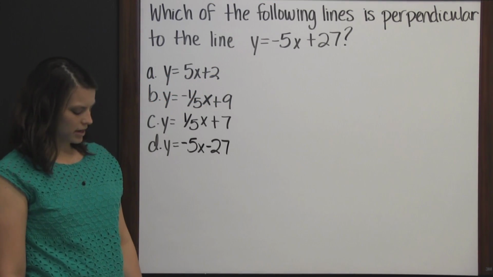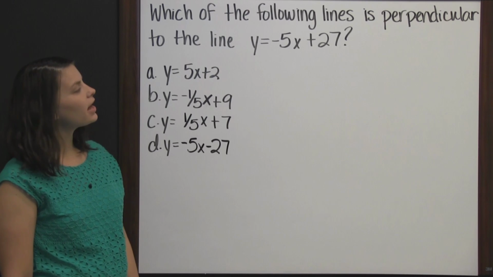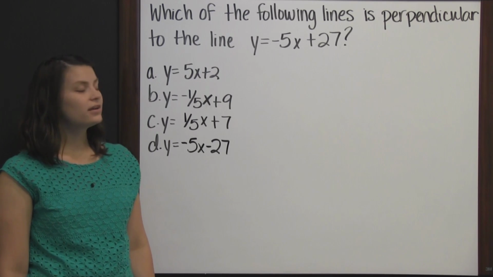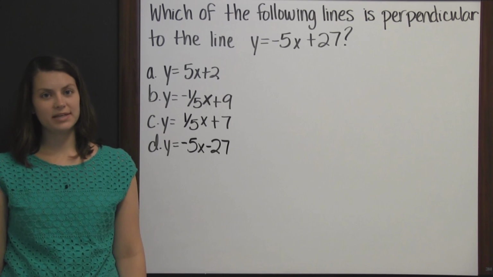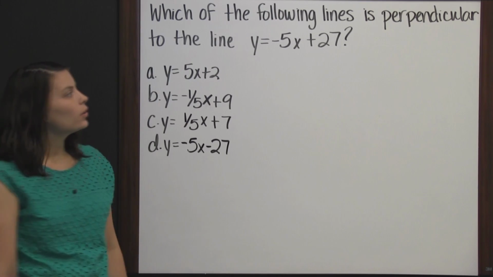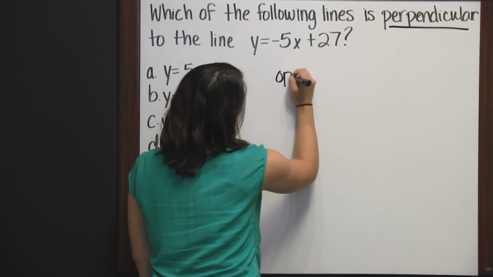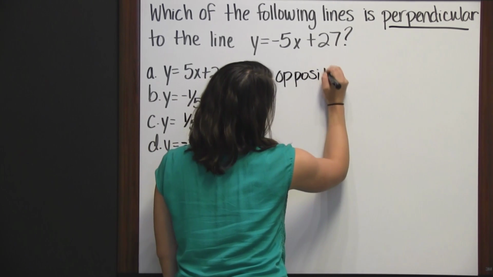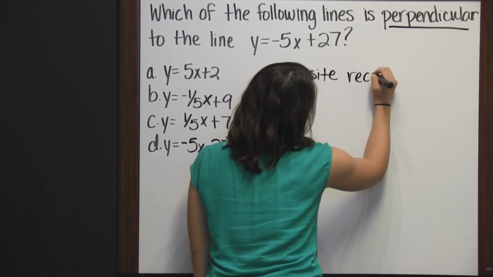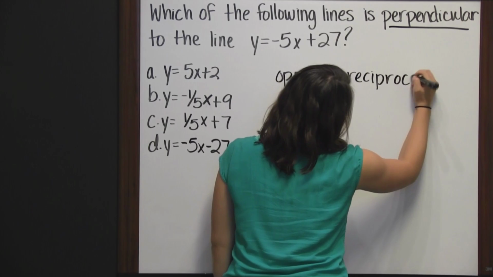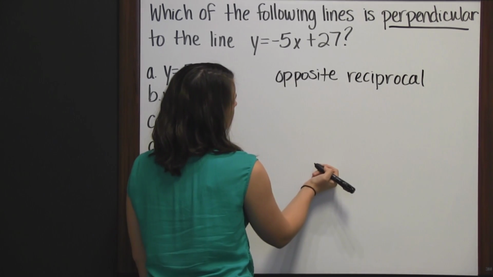Which of the following lines is perpendicular to the line y equals -5x plus 27? Perpendicular lines have opposite reciprocal slopes.